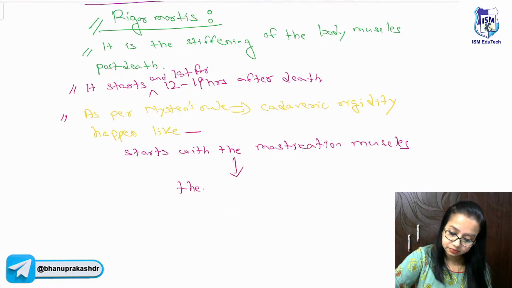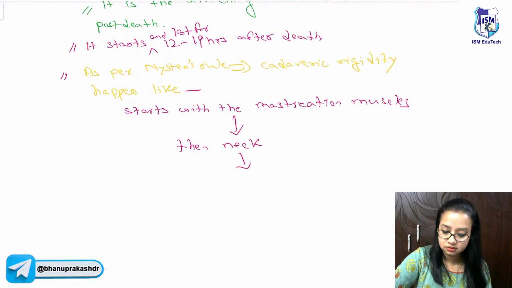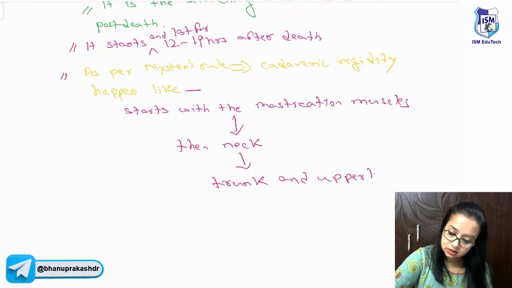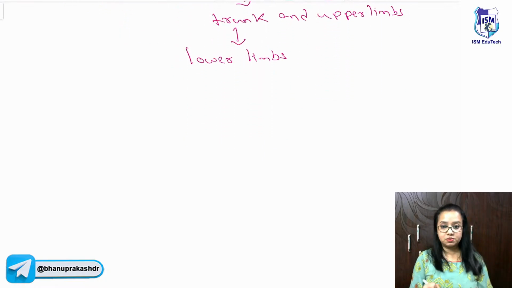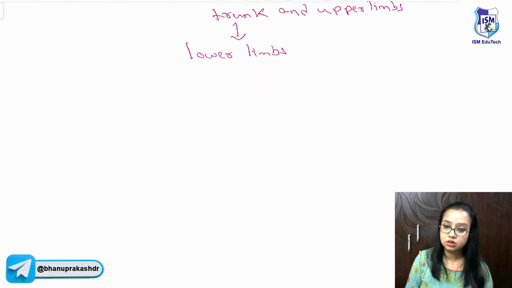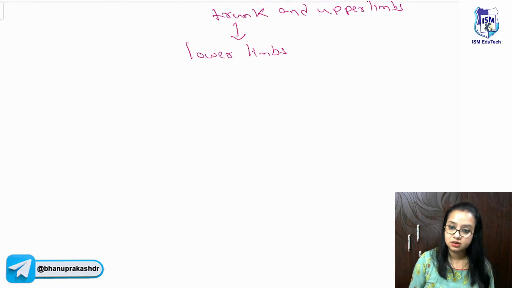Then neck, then trunk and upper limbs, and lastly the lower limbs. Okay, this is how the stiffening happens. But the stiffening or the rigor mortis does not last forever and ever. After 17 to 19 hours, the body's stiffening also starts becoming loose.